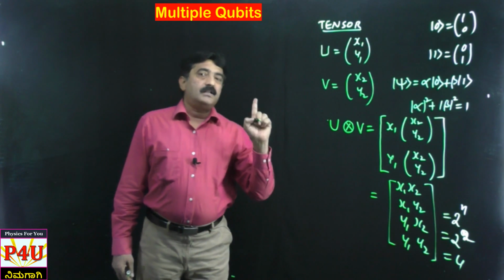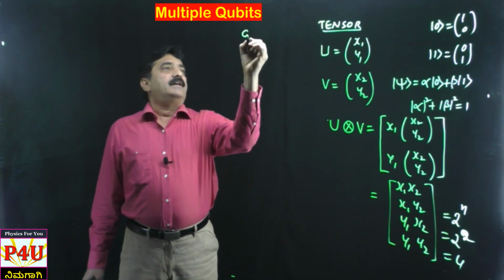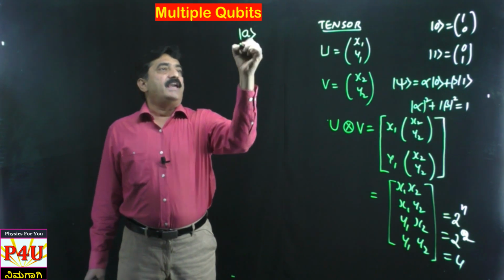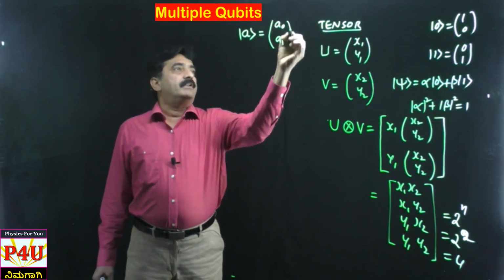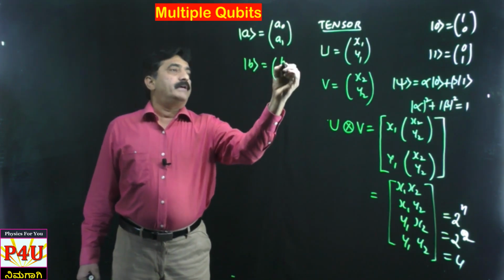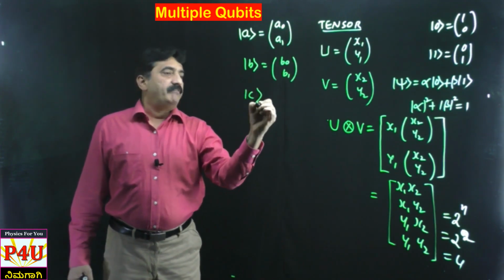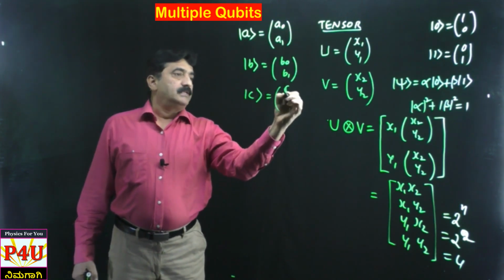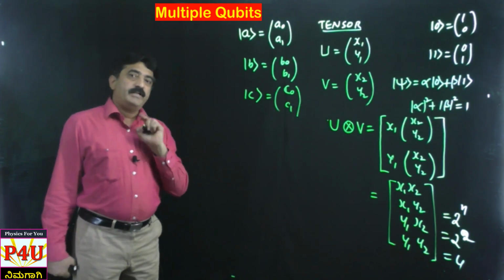Okay, suppose there are three vectors. Let me take ket A, having two members a0, a1. Ket B having again two members, b0, b1, and ket C having two members, c0, c1. What is it going to be?